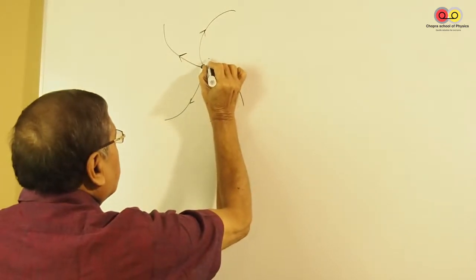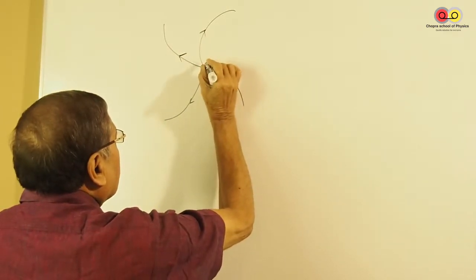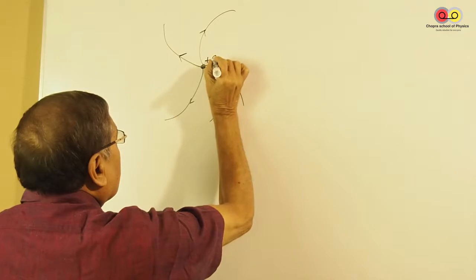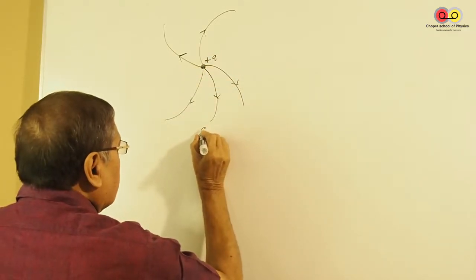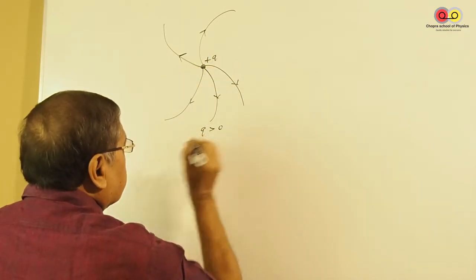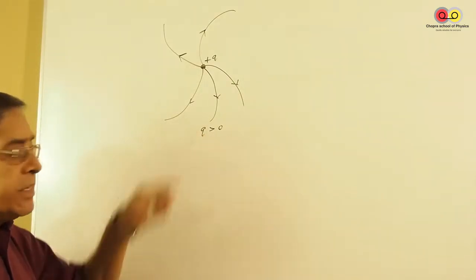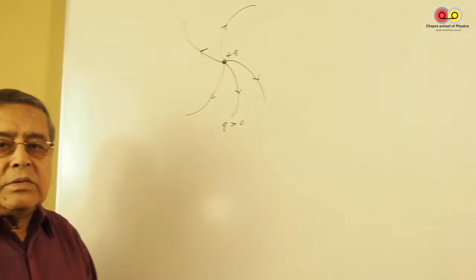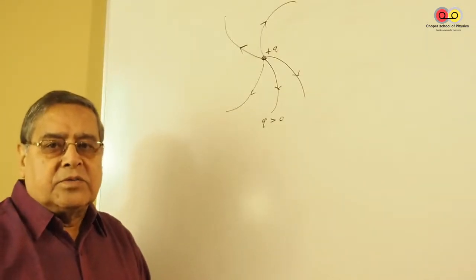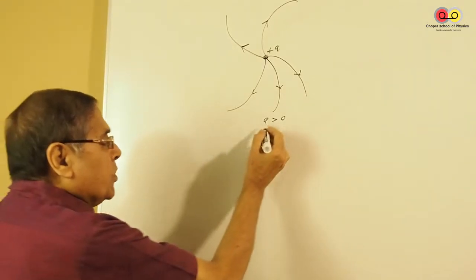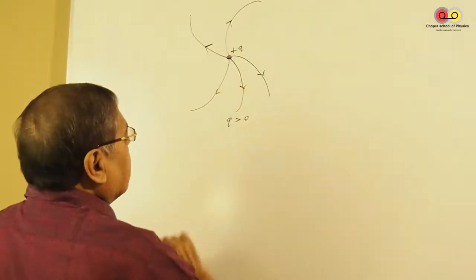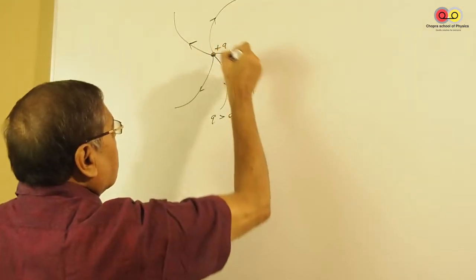This charge is supposed to be plus Q, and we will write here Q greater than 0. Now, in any question when we write Q greater than 0, that is supposed to be a positive charge. So it is Q greater than 0, it is a positive charge, it is generating lines of forces.